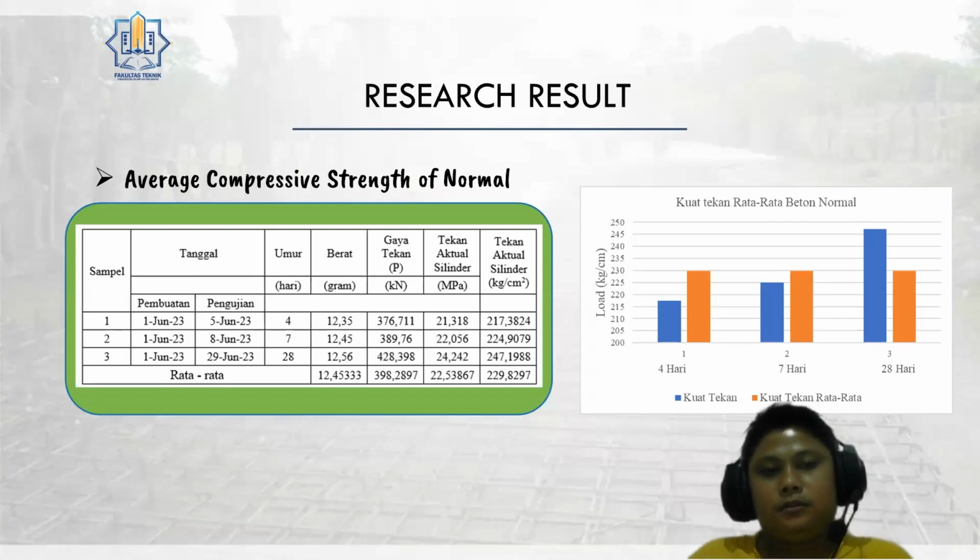For the average compressive strength of normal concrete, we test at 5 days, 7 days, and 20 days. We can know the compressive strength and the rate of compressive strength.